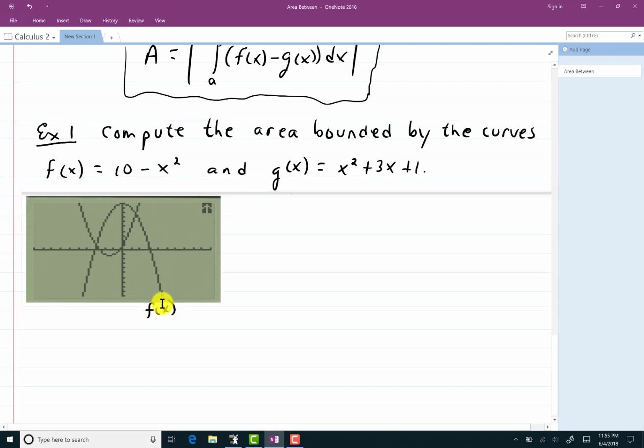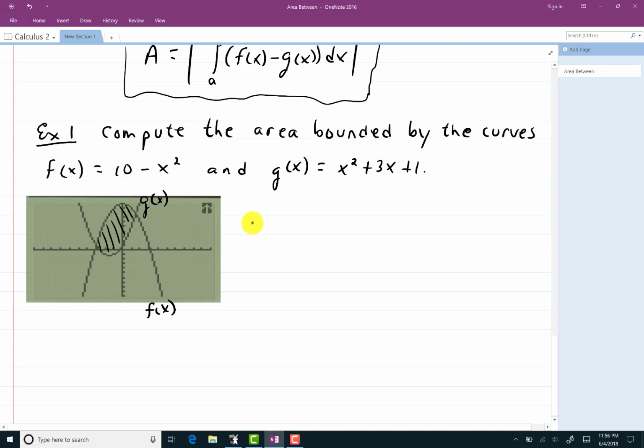And then this one that goes like this from here to here, that is g of x. So the function that is on top here is f of x, and the function that's on the bottom here is g of x. So to calculate this, the area that I want is in here.